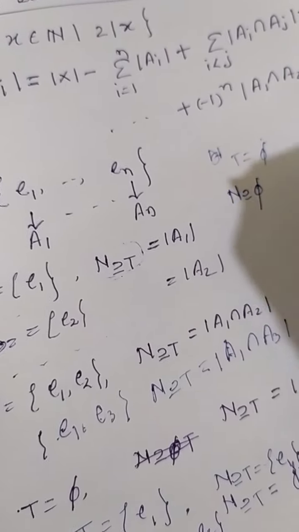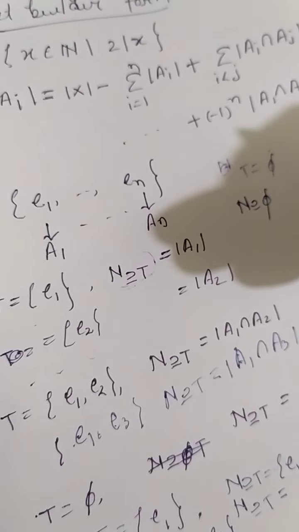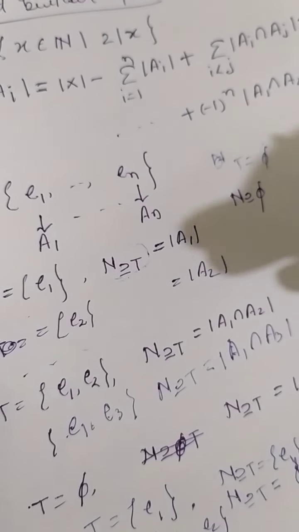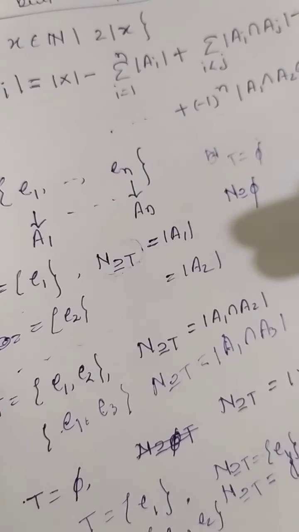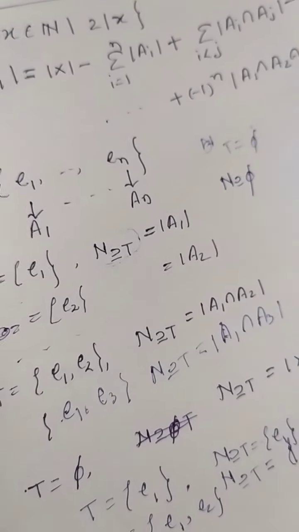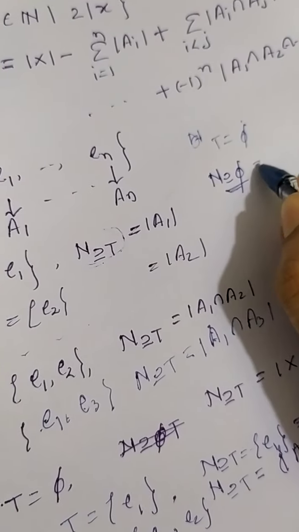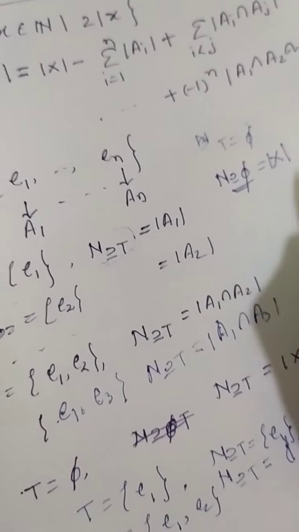That is, it satisfies all the properties and the number of elements which satisfy either E1 or E2 or E3, something like that, or does not satisfy any one of these properties. Therefore this representation is nothing but the number of elements in X.